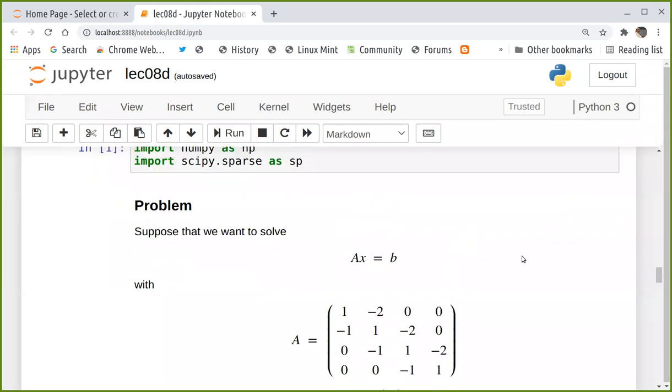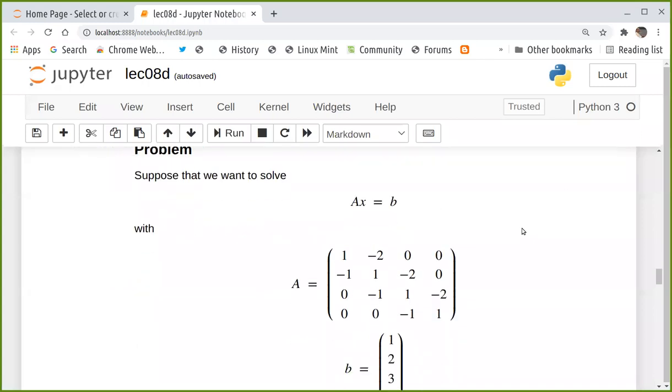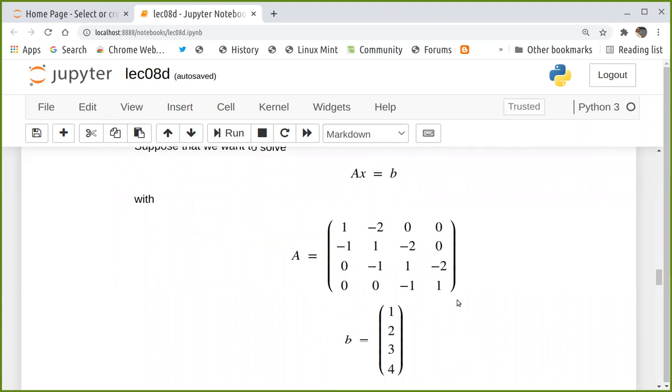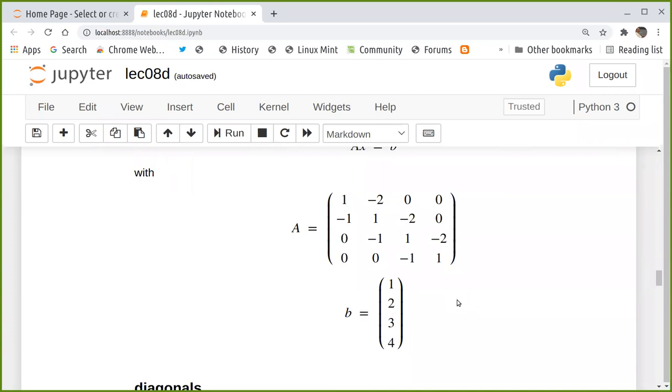So let me give you a problem to be solved using the sparse methods. Let's suppose we want to solve Ax = b. A is this tridiagonal matrix, and b is this column vector.